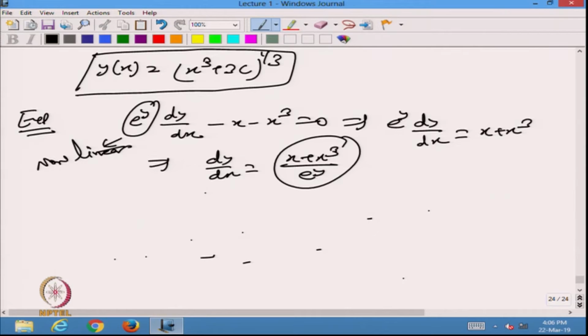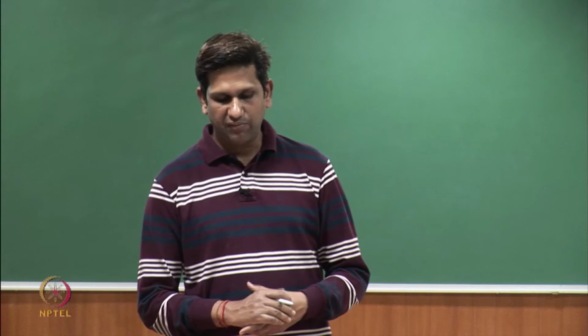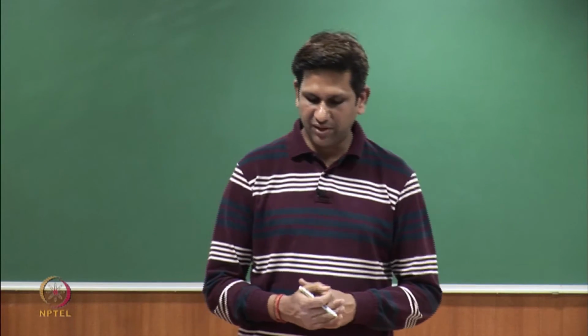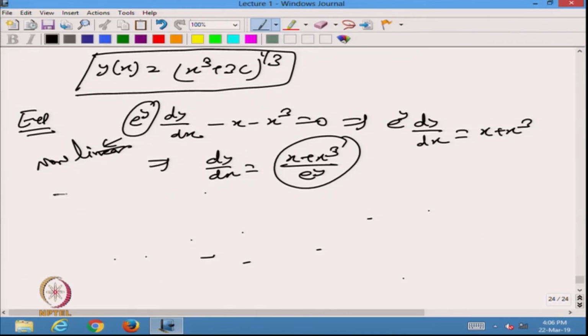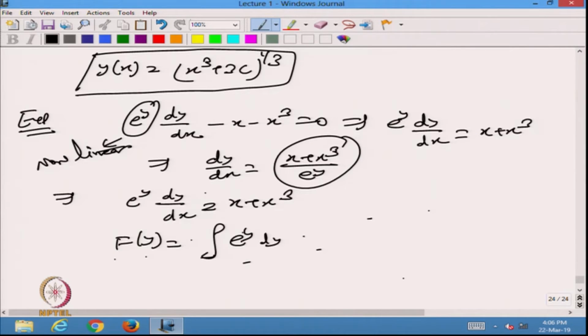So, once I am able to separate my right hand side function, then I can solve this one. So, in this case I want to find my F of y first. So, F of y will be the integration of e to the y with respect to y.